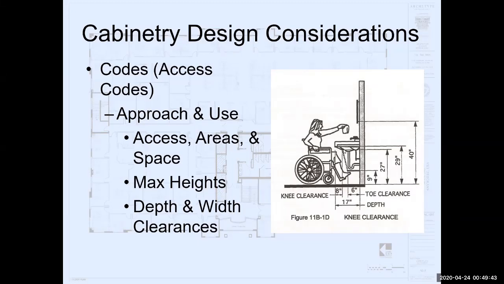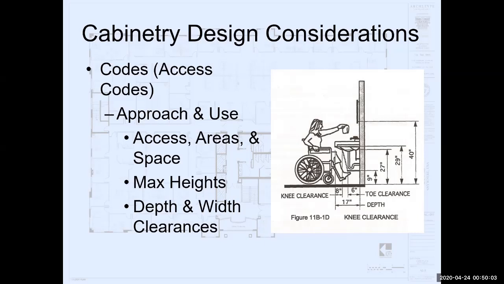In certain cabinetry of the ADA, they want all those elements enclosed with panels, so that no one can get their feet mixed up with the plumbing parts that are underneath a fixture.